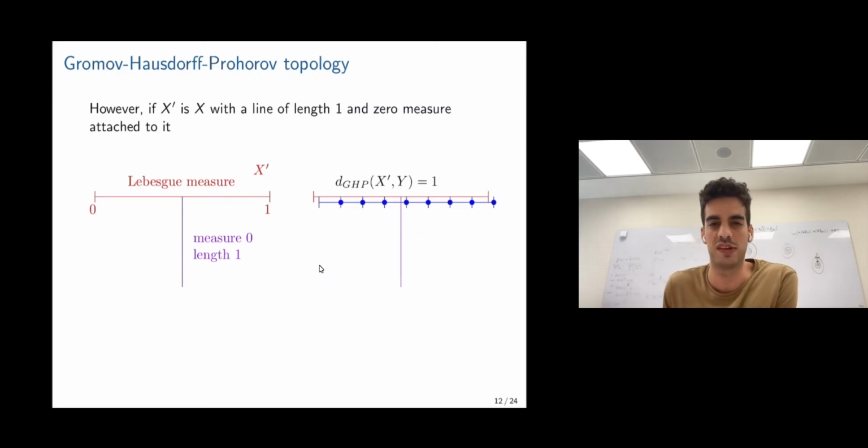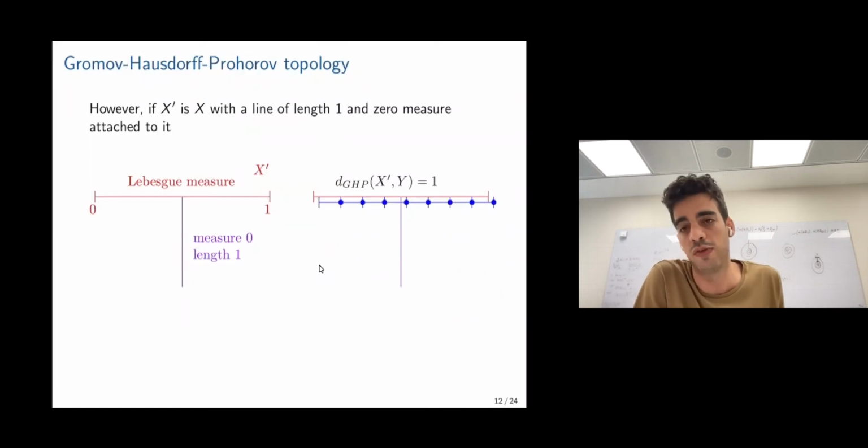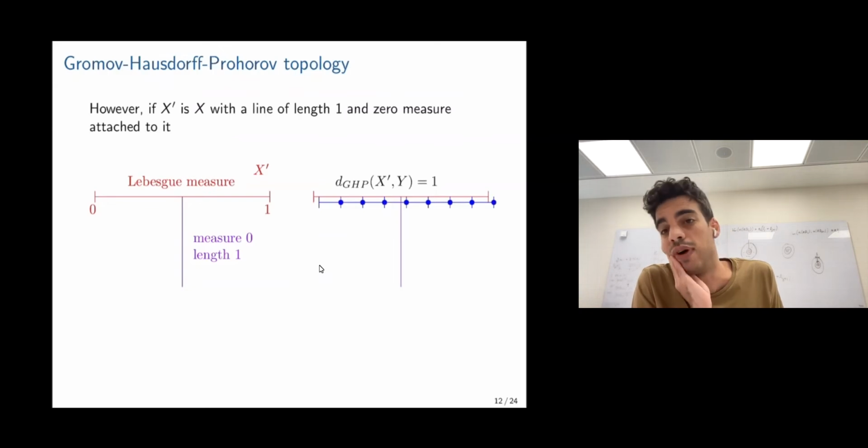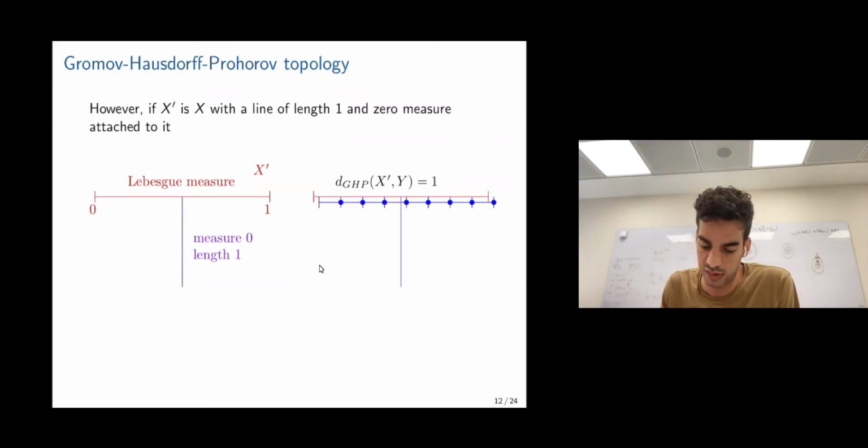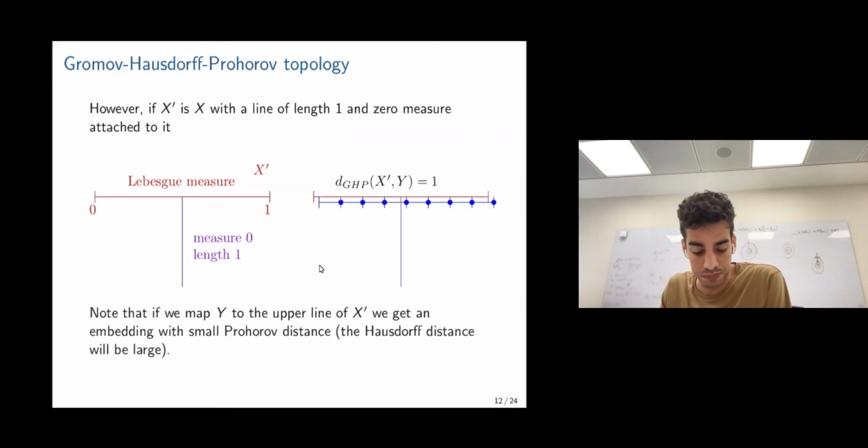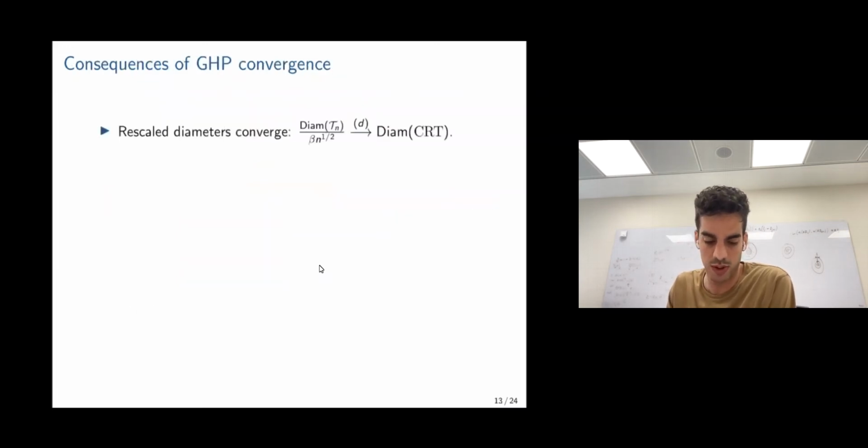So the Prokhorov distance, after we take a nice embedding of the discrete approximation into X prime, will still be small. They will be close to one another, but you cannot avoid things of measure 0, because the Hausdorff distance sees it all, and these two will indeed have distance 1 between them. So this is something that we will return to in a minute.